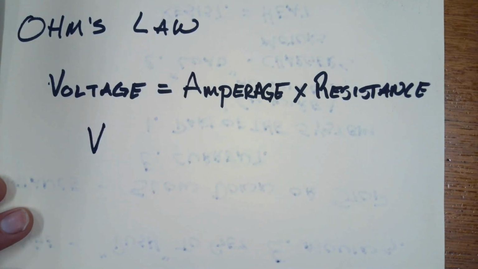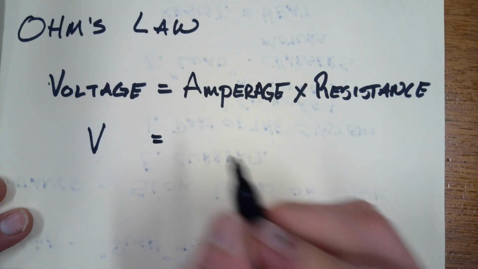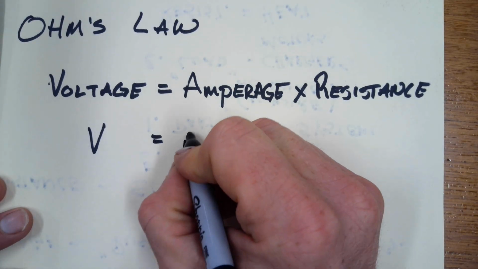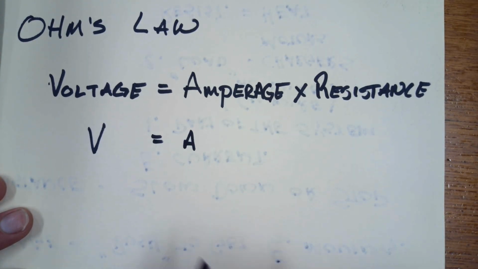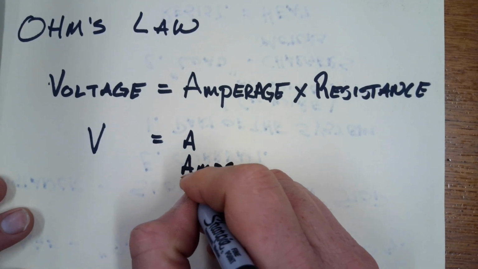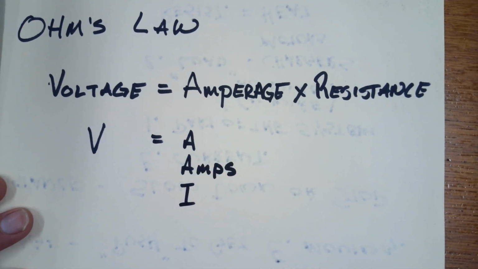All right, to shorten things up, we usually don't write this all out. We'll abbreviate voltage with the letter V. Amps will show up as a bunch of different ways. I might do it that way. I might have it written out like this. Might use the letter I. That's actually really common. Why the letter I? Honestly, I don't know off the top of my head.